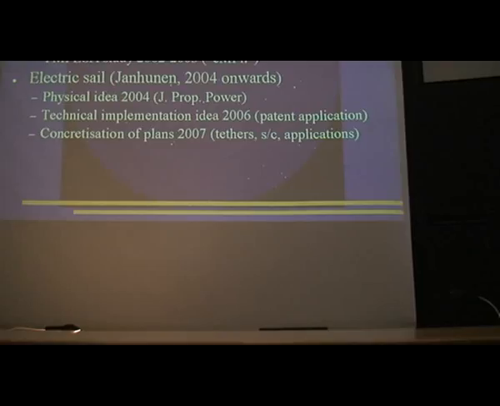The idea there is that one installs a large dipole magnet in a spacecraft, and then one obtains a modest-sized artificial magnetosphere around the spacecraft, and then the ram pressure of the solar wind pushes this magnetic bubble in the solar wind. So the thrust that one obtains is roughly the solar wind dynamic pressure multiplied by the cross-sectional area of this artificial magnetosphere.